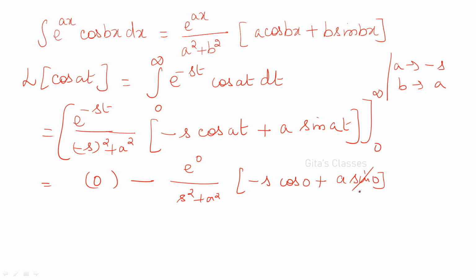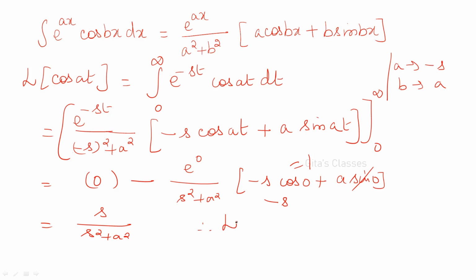Sin 0 will become 0, and cos 0 is equal to 1. So this entire term will become minus s, and the minus will become plus. So plus s by s squared plus a squared.